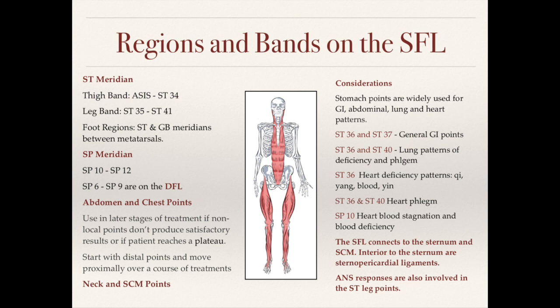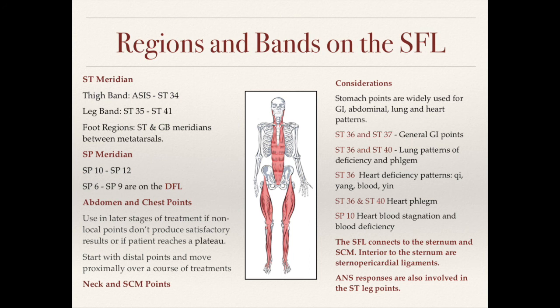Now, just continuing to read along here, it says abdomen and chest points are used in later stages of treatment if non-local points don't produce satisfactory results or if the patient reaches a plateau. So in TCM style point prescriptions, if someone has abdominal pain, it's not uncommon that you would use points like stomach 25 or Ren 12 or Ren 6 or possibly Ren 4, some local points.